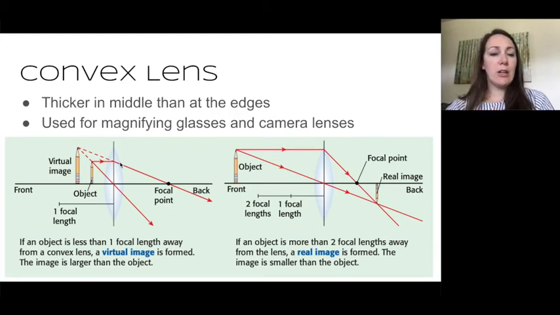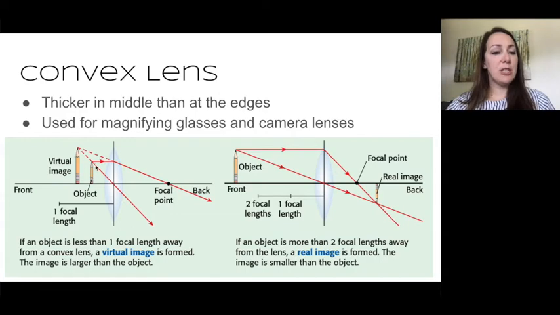Whenever you're looking at a convex lens, depending on the focal length of the object, you will get different images, okay? So, our regular object is a pencil again. In this image, we're looking at a convex lens, and because the object is close to the lens, less than one focal length away, a virtual image is formed, and the image is larger and right side up, okay?